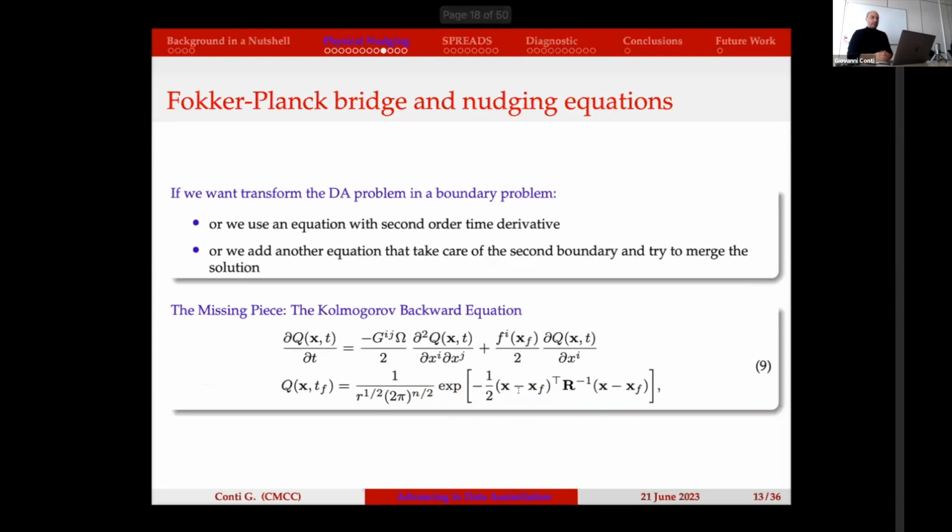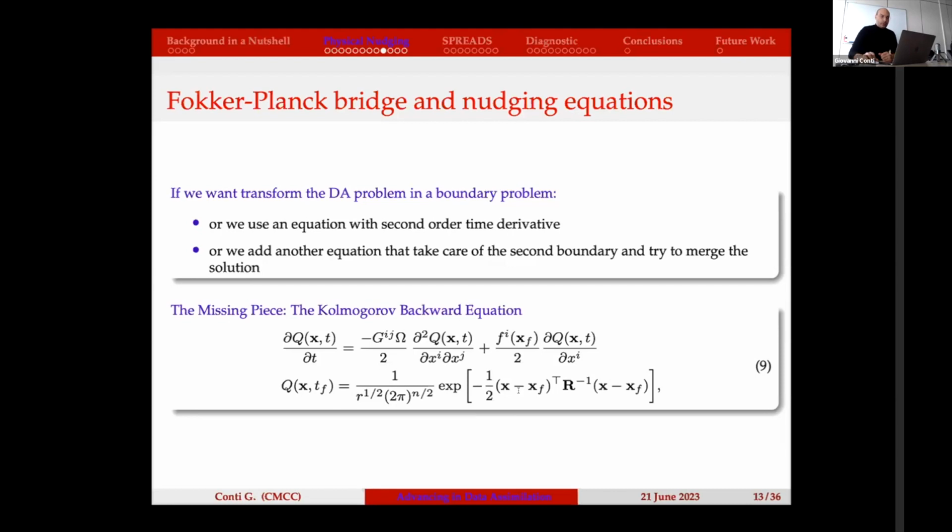But this means that if we want to transform the data assimilation problem into a boundary problem, we either use an equation with second order time derivatives, or we add another equation and take care of the second boundary. And maybe we can try to merge the solution in the original Fokker-Planck equation. And this is the approach that I'm going to follow.